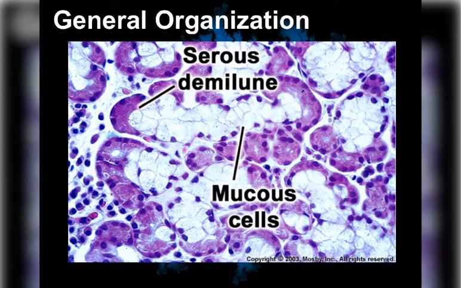Here we see a histological section of a salivary gland. This section shows mainly the secretory end pieces. So we are inside lobules. Secretory end pieces are intralobular, inside the lobules. Here you see a mucus tubule, in hematoxylin and eosin stain.